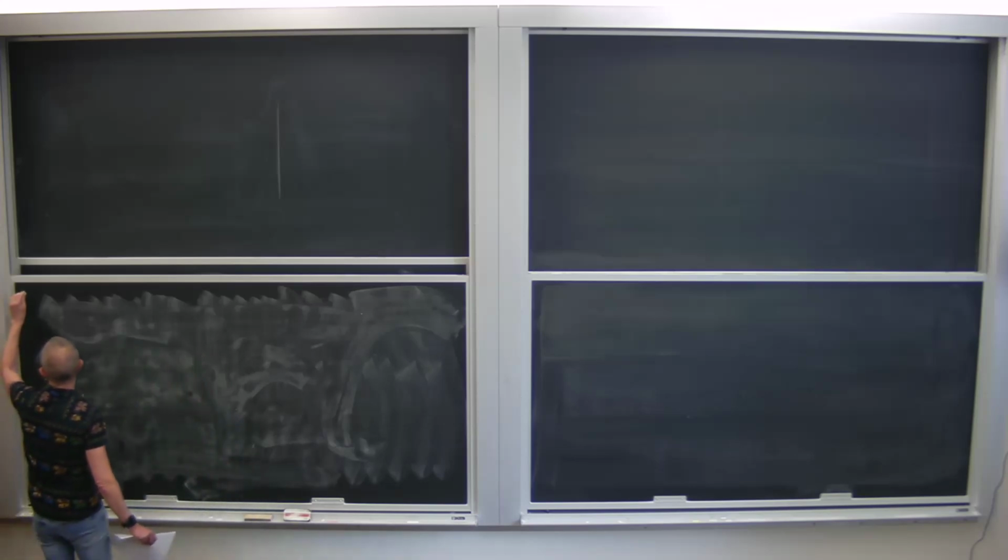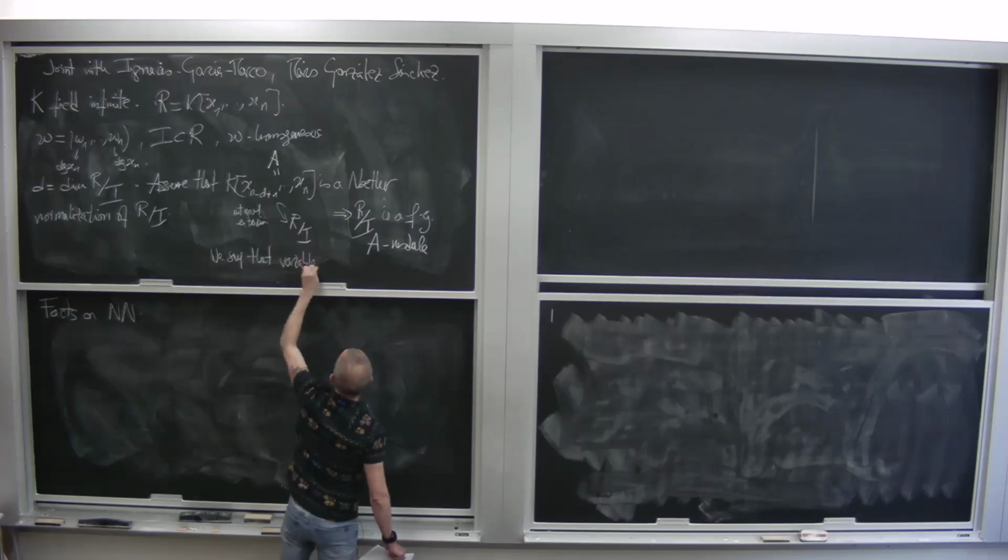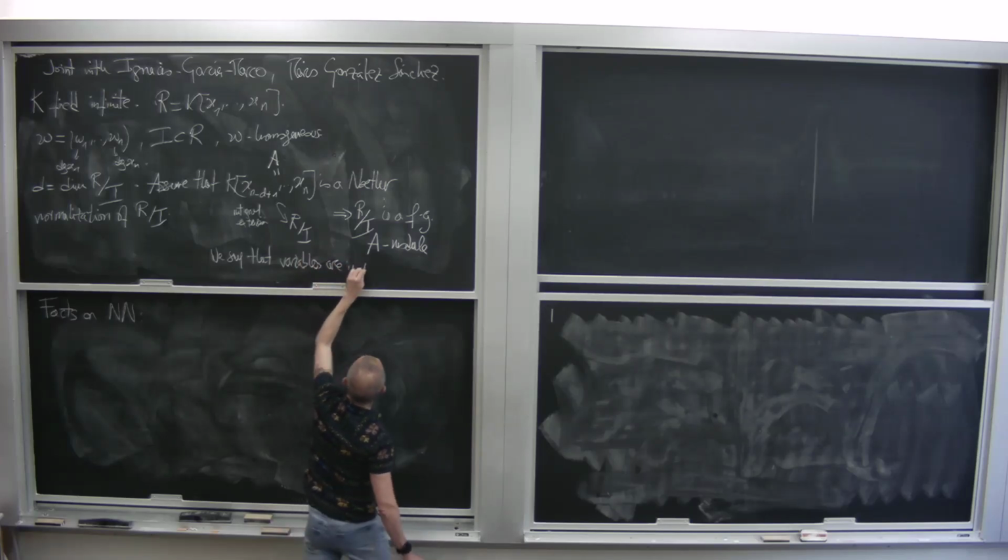Okay, so let's recall some facts on normalization. By the way, when this occurs, we would say that the variables are in Noether position.